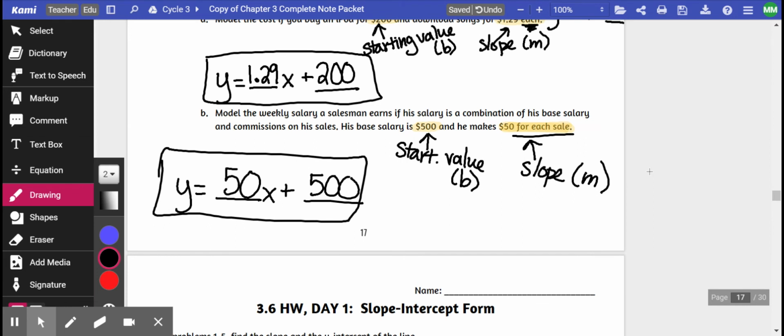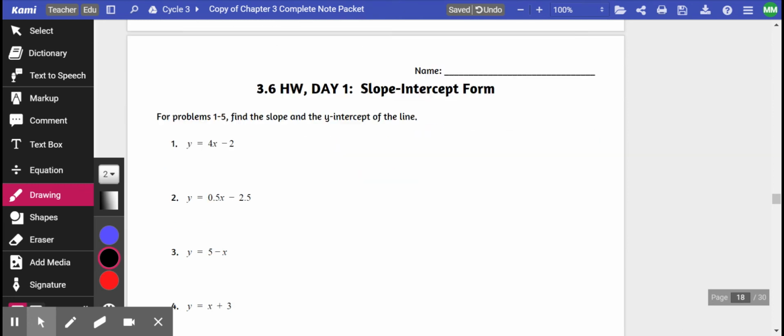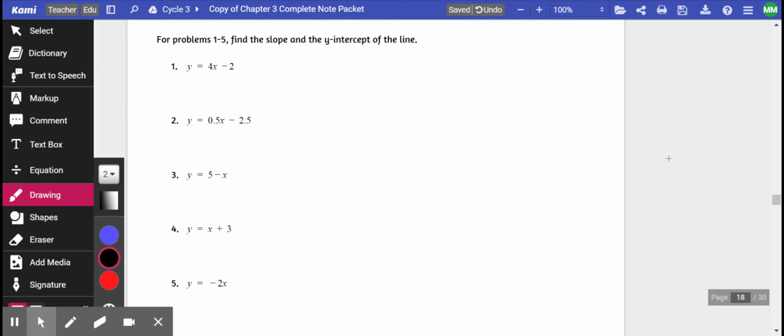Now we're going to practice a few other examples just to make sure you get the hang of it before you do your homework. For these ones, I'm just going to do a few of them. This one, your m would be equal to 4 or 4 over 1 because that's what's in front of your x.